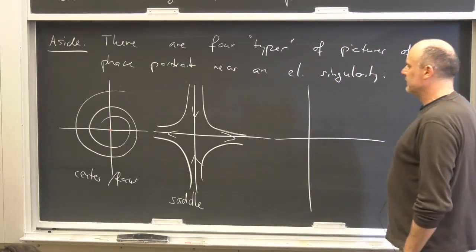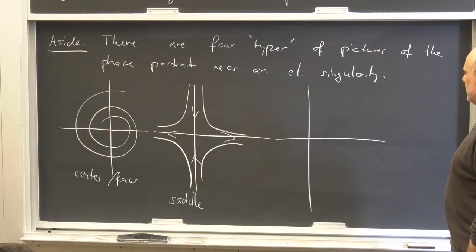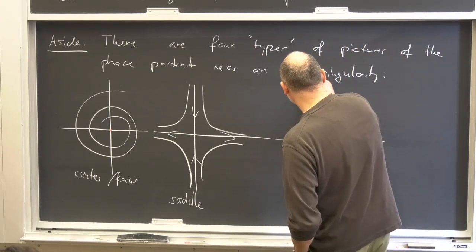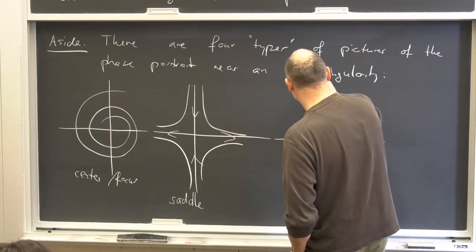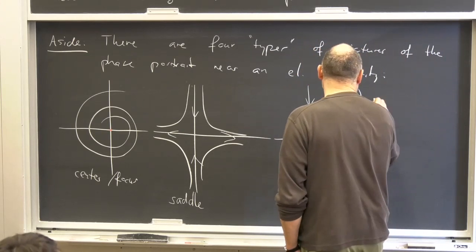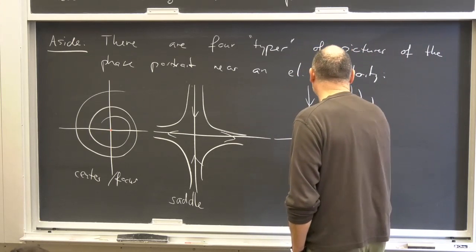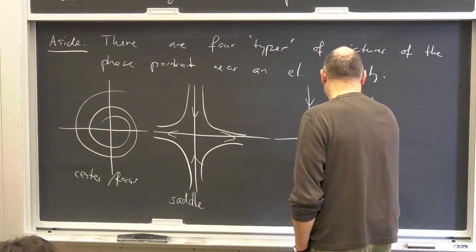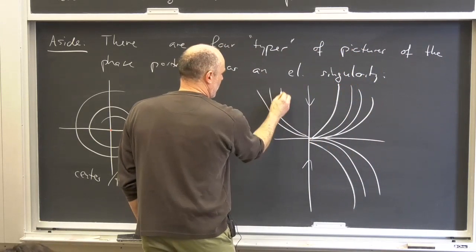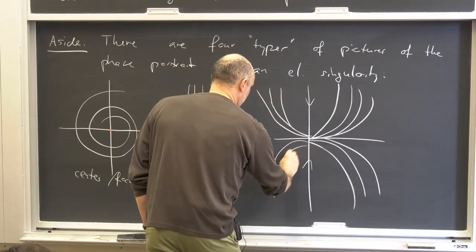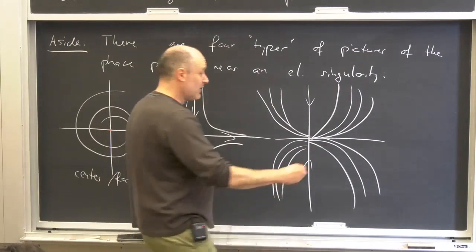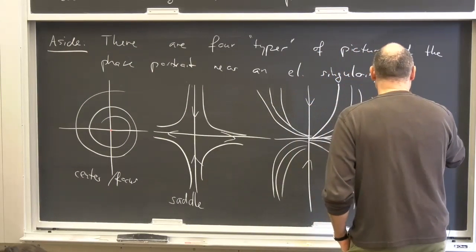Let's see, what else do we have? We can have what's called a node. And that's where essentially everything goes into the singularity or comes out of the singularity. Okay, that's another possibility, topologically speaking.